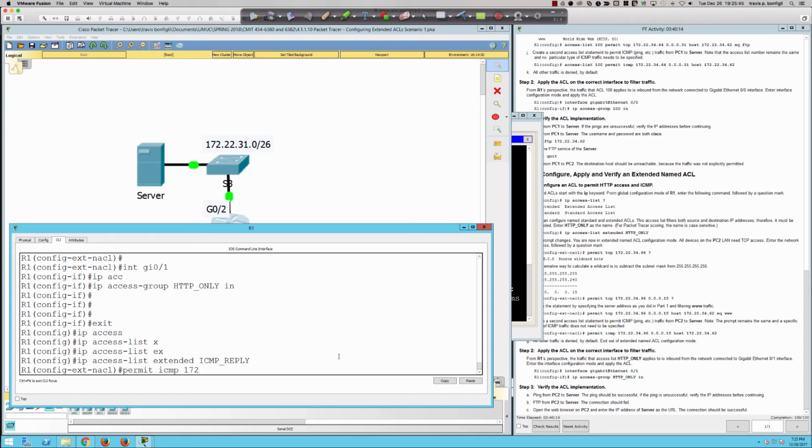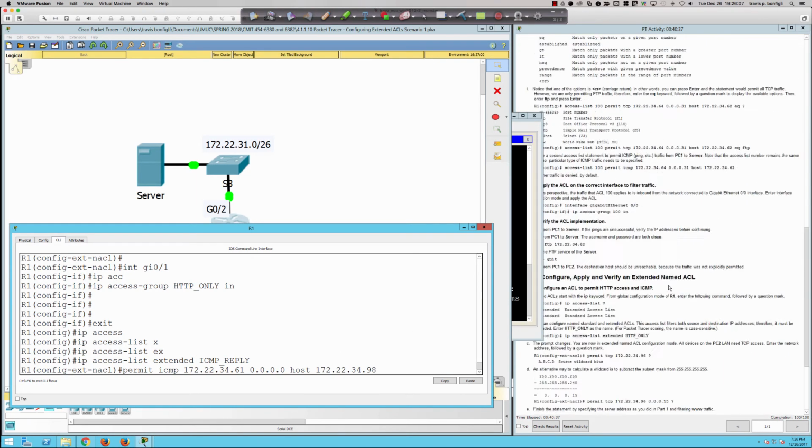I'm going to say 172.22.34.63, or actually I'll do 61. Because remember, the server, and I'll use the quad 0 method here, and I'll say going to host 172.22.34.98. Let me double check. I think that's PC2. It is PC2.